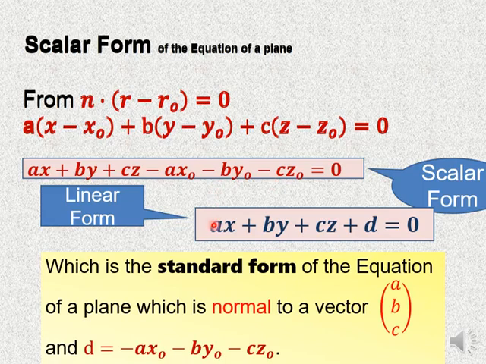As you can observe, the coefficients of x, y, and z are the components of the vector normal to the plane, and d can be obtained by multiplying the components of the normal vector times the components of a point which is lying in the plane.